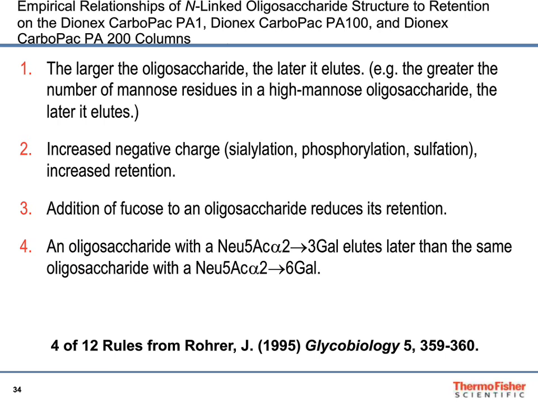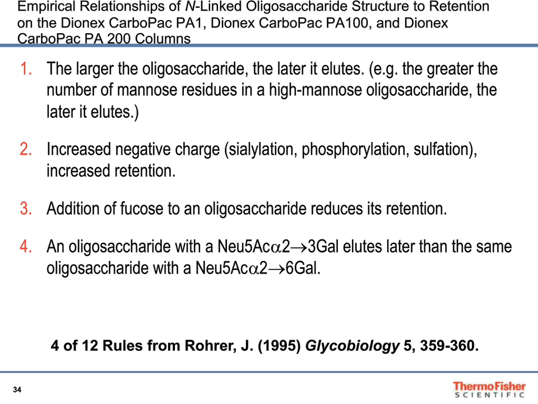At the time, we just had the CarboPac PA1 and PA100, but these same rules apply to the CarboPac PA200 column. And these are, as I say, empirical relationships, but because they've been taken from data that's been published in the literature and some of the things we've done in our labs here at Thermo Fisher Scientific.